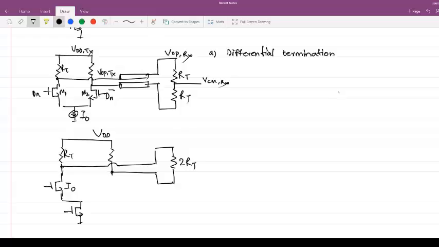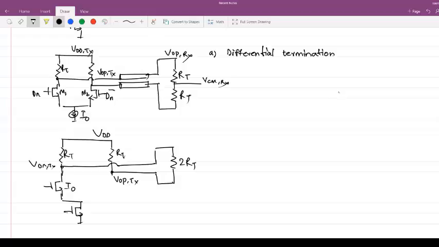Now if I call these the VOPTX node and VONTX, can you tell me what is the current which is flowing through the left RT? Just simply because you know the resistors, 3/4 RT.